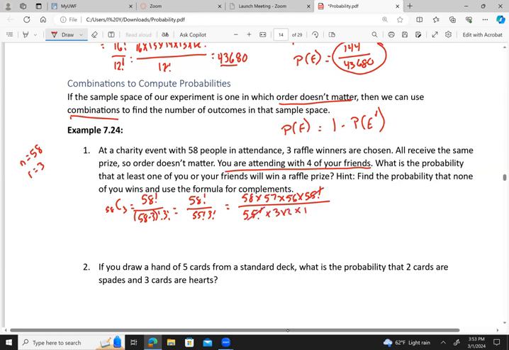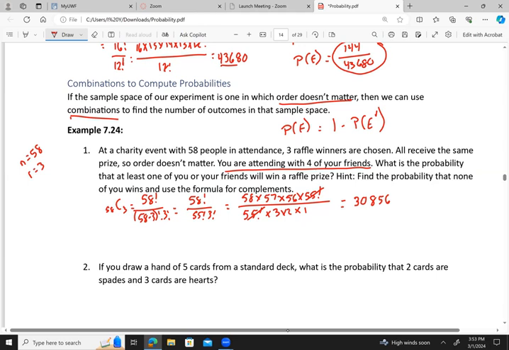The 55s cancel out, and I get 30,856. So that's the number of possible three-people groups out of the 58.